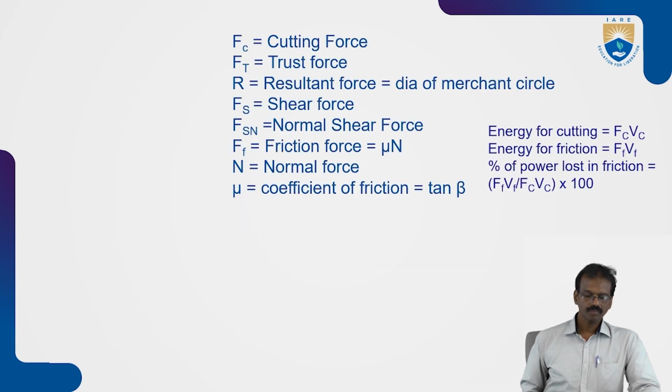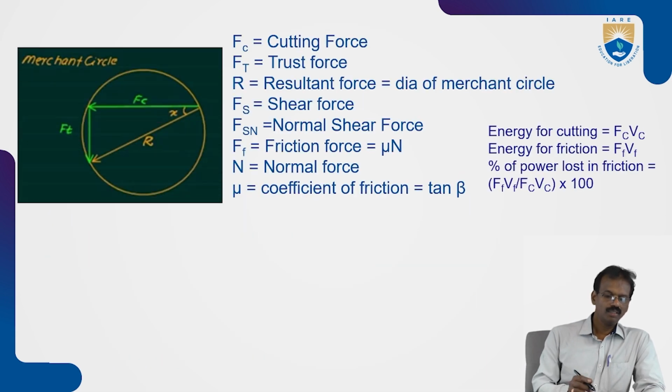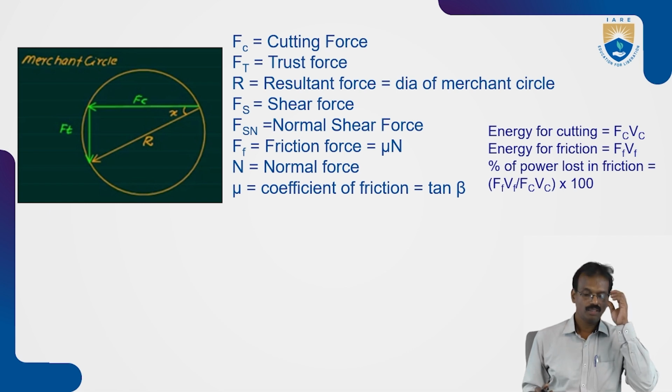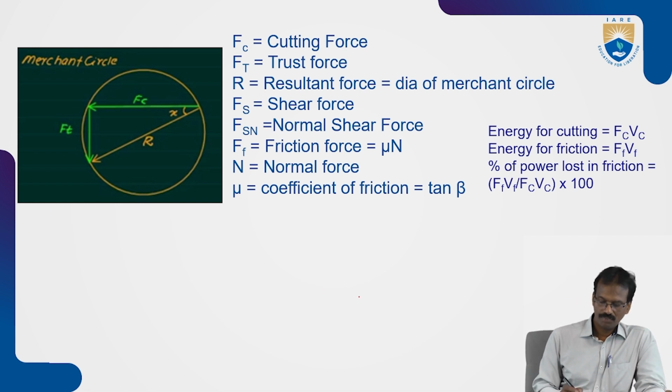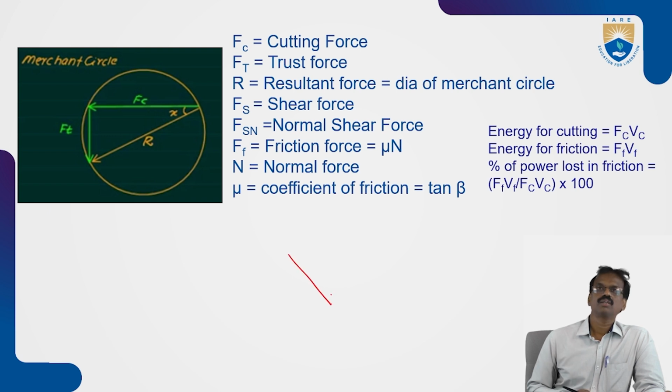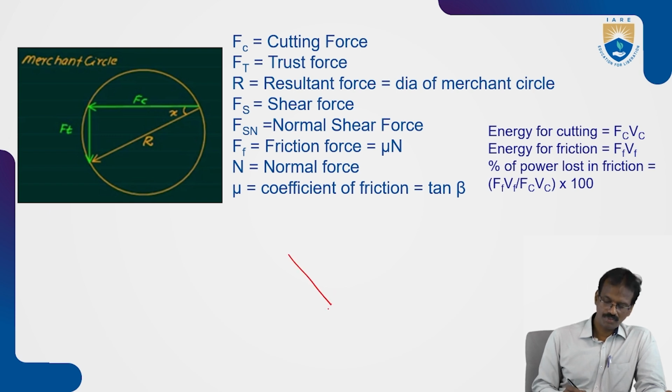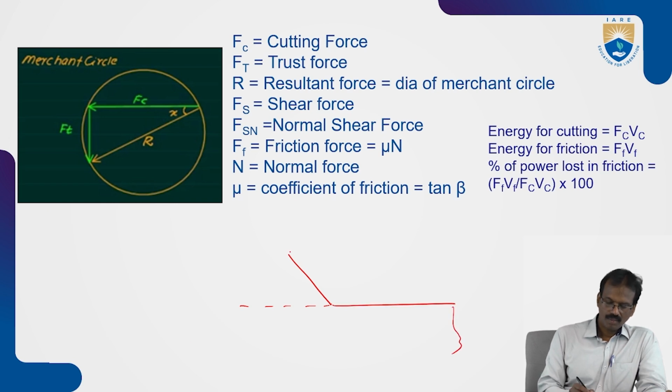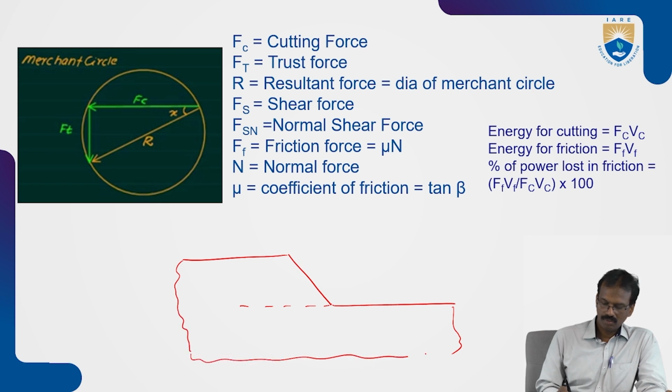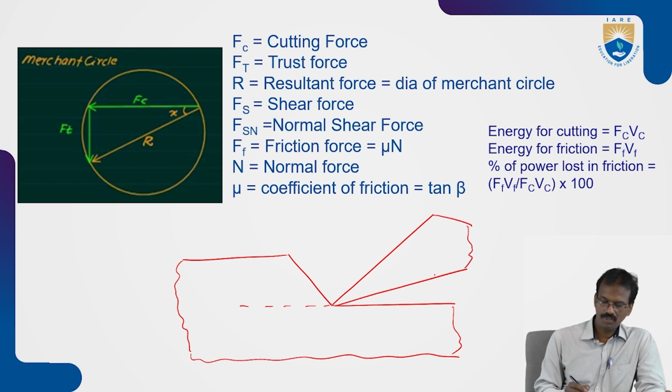By using these assumptions, you can understand the different forces in orthogonal cutting operations. We'll see what the different forces are. Here you can see the Merchant circle. You know that block diagram, I'm just drawing it once again. This is the shear surface. This one is the workpiece. The tool is moving like this, the tool bit.